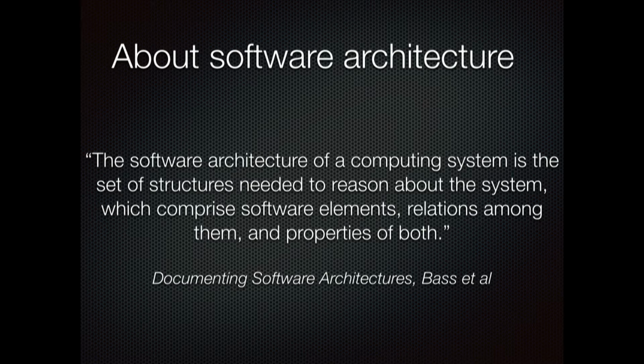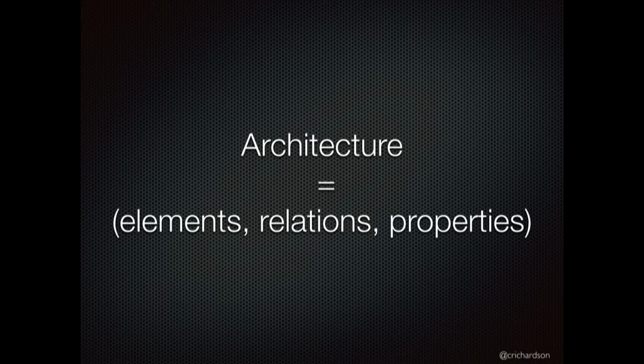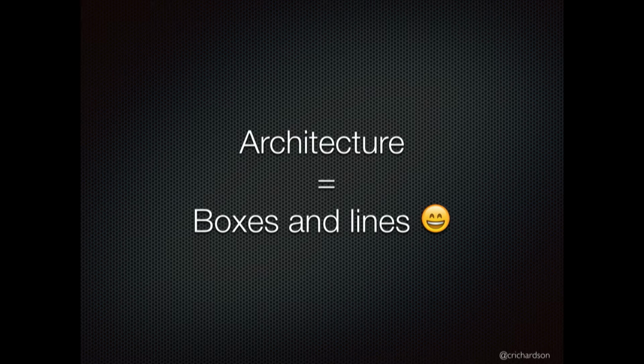We've got to describe the architecture of our system so that we can think about it, make decisions, and so on. More concretely, it's a set of software elements and relations. Those elements and relations have properties, which might just be a name, but could have a deeper meaning than that. So architecture is a set of elements, a set of relations, and the properties of both of those. Those are all abstract definitions, or you can just think of it as a bunch of boxes and lines, right?